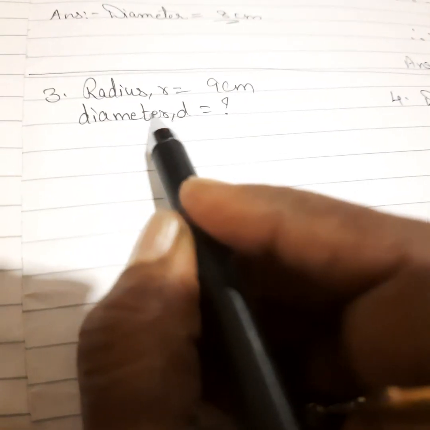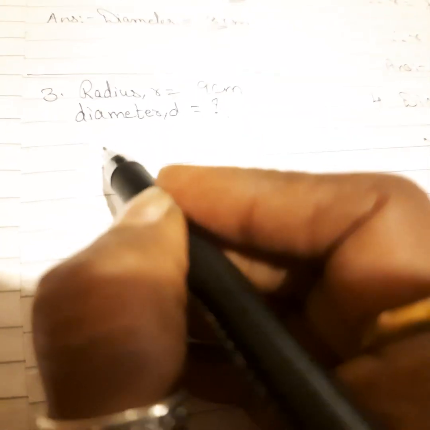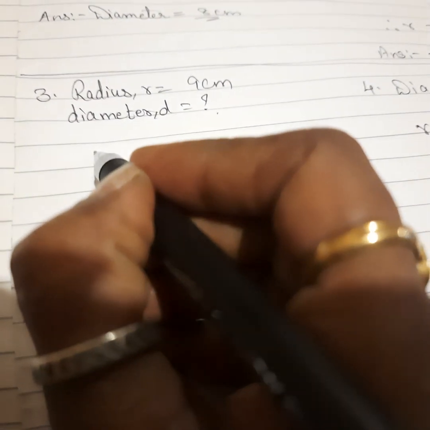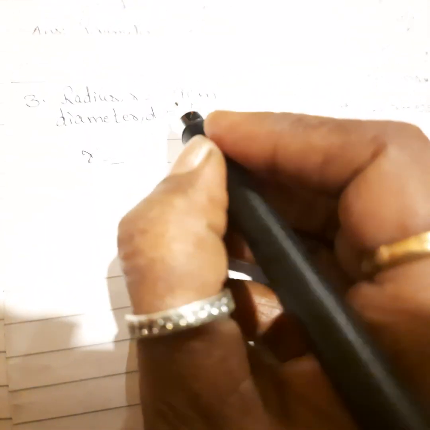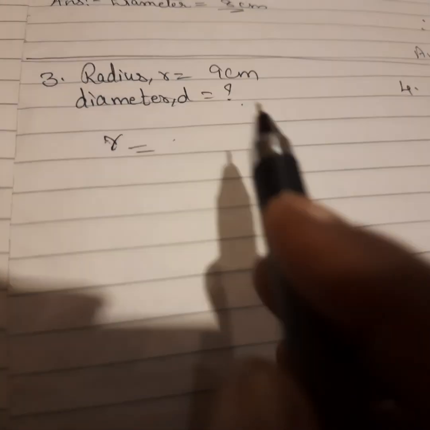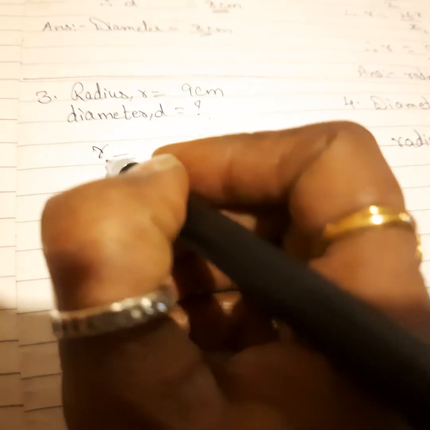Now we will see the third sum. I had already solved the first and second so that we save time. Third sum, if at all you didn't understand, radius r is 9 centimeter, diameter d is equal to question mark. Keep the same formula, diameter d is equal to 2 into radius. That will be better for you.